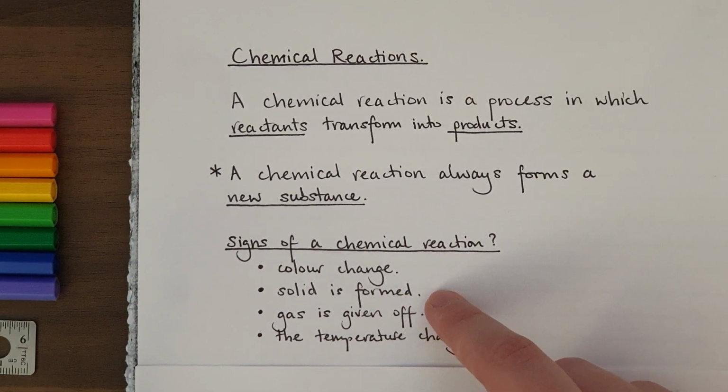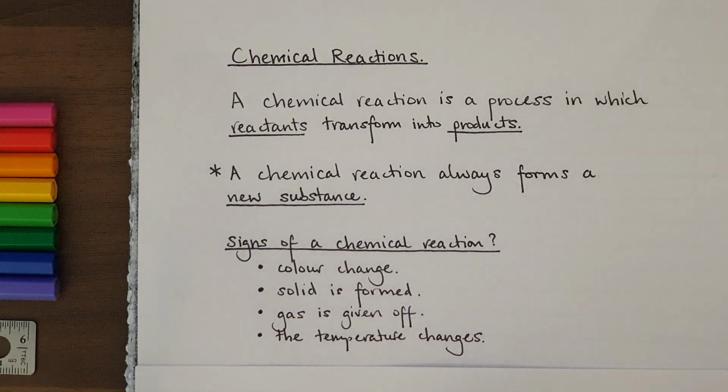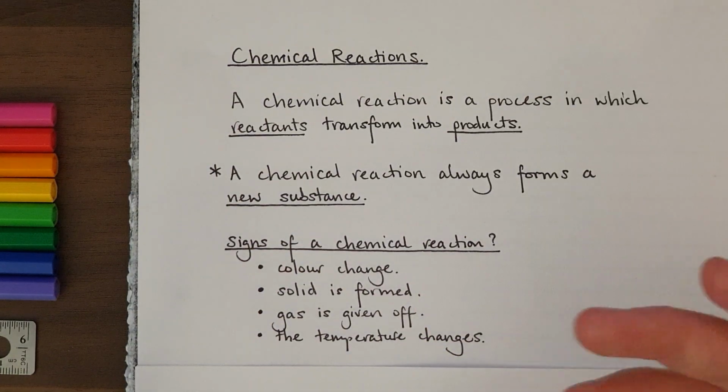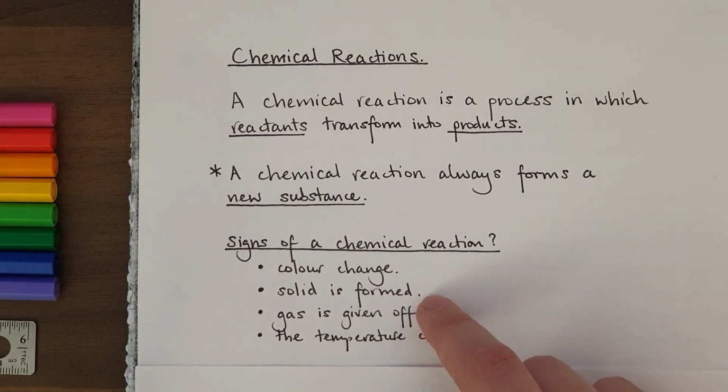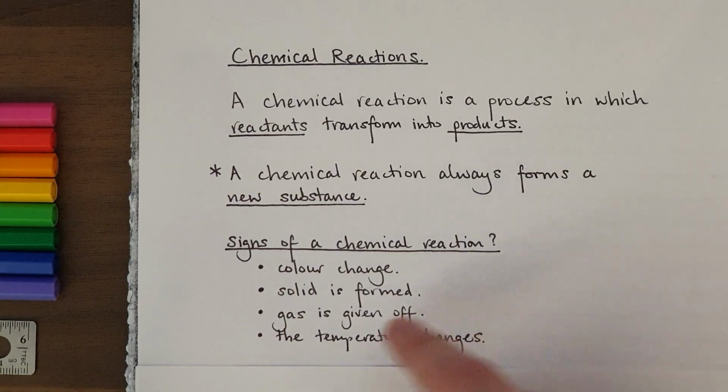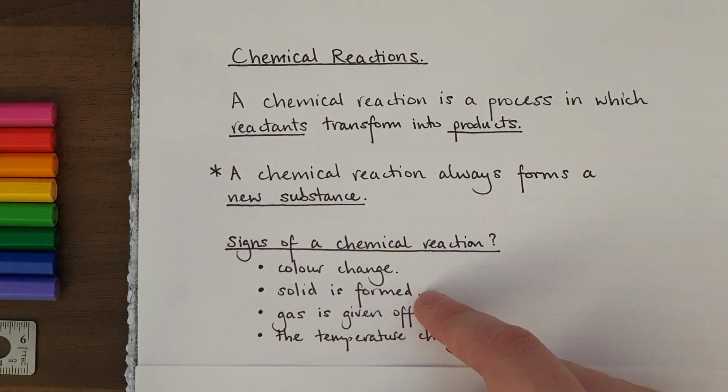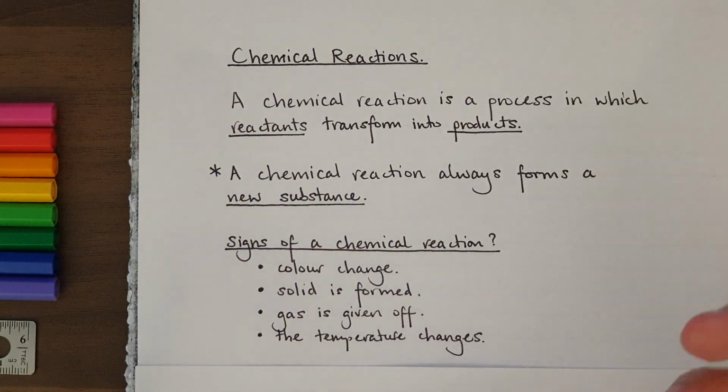If you, for example, mixed two liquids together, and as a result of that mixture, something solid was formed, right? You didn't change the temperature or put it in a freezer or anything like that. It just did it as a result of the reactants reacting together, then that's a sign of a chemical reaction. If a gas is given off during a reaction, that's a sign.